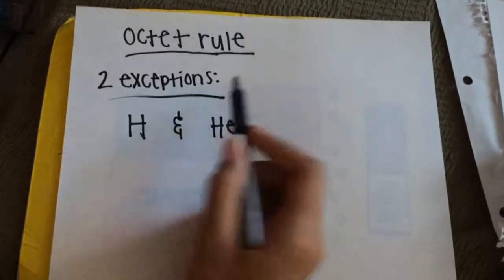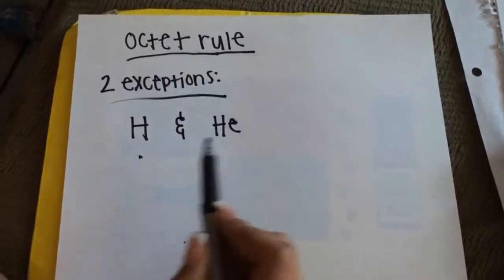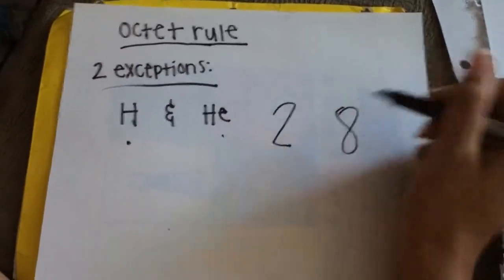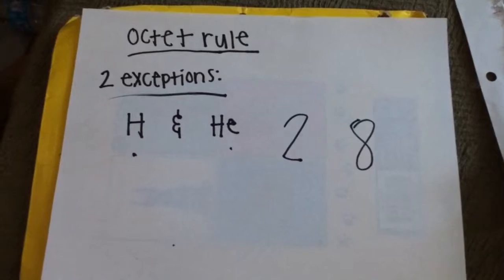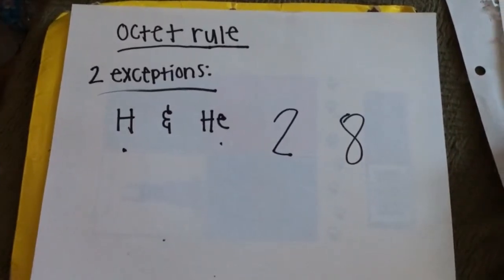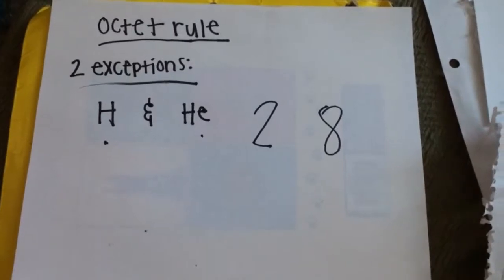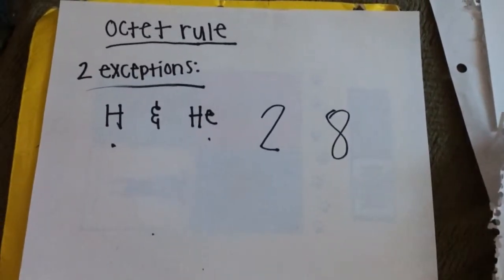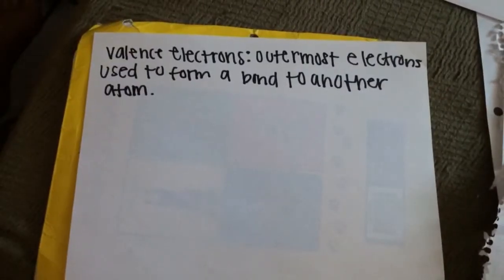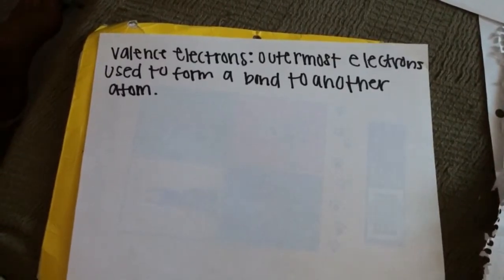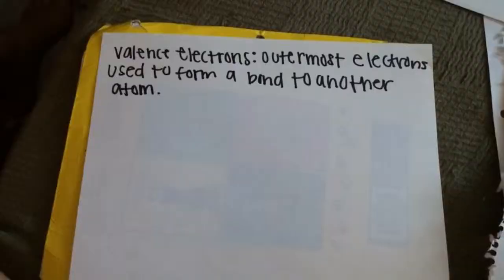There are 2 exceptions. Hydrogen and helium want 2 instead of 8. So the number of valence electrons and the number of bonds is always going to equal 8 for everything except hydrogen and helium. Valence electrons are the outermost electrons used to form a bond to another atom.